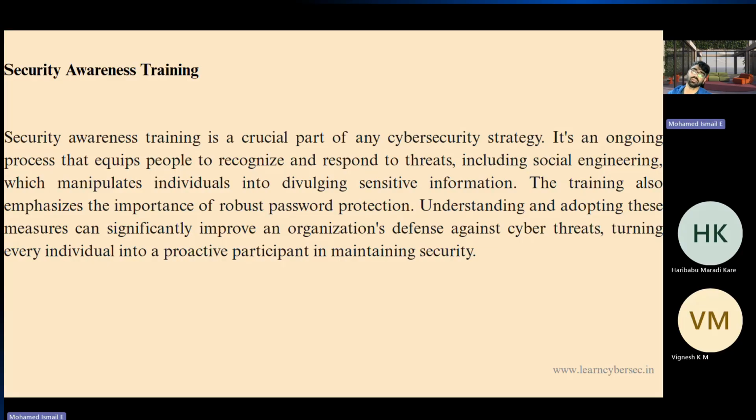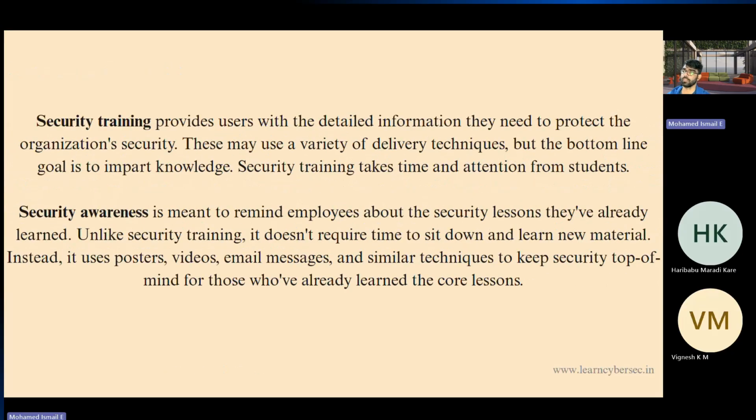Whatever the security policies, be it the device acceptable use policy, bring your own device policy, or password policy, this must be educated to the users so that they are aware and implement it in real time. That is via awareness training, right? This training may be online, live, or a combination of in-person training, but it must be given periodically, like once every 6 months or once a year. All the employees must undergo security awareness training, right?